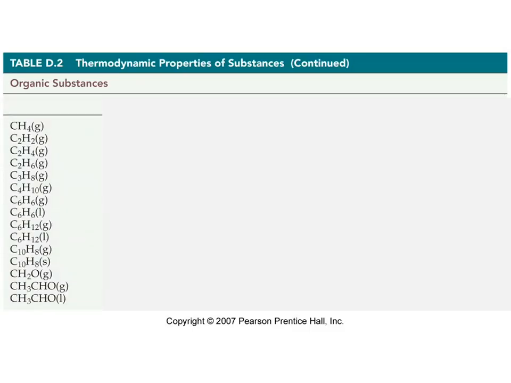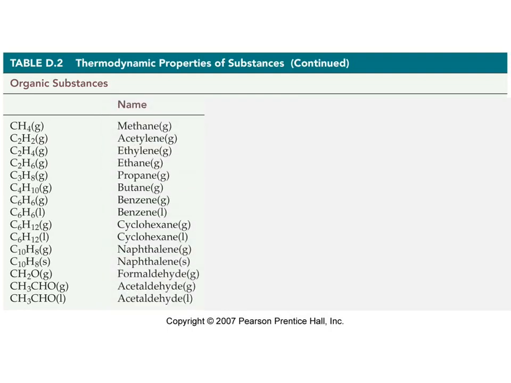Okay, so those were inorganic things. Now if you see something that doesn't have a metal in it, it contains all nonmetals, it's probably organic. So it's going to be in a different table. Carbon and hydrogen are great at forming an assortment of compounds. Something to look out for when you're dealing with standard molar enthalpies of formation: notice we have benzene here.